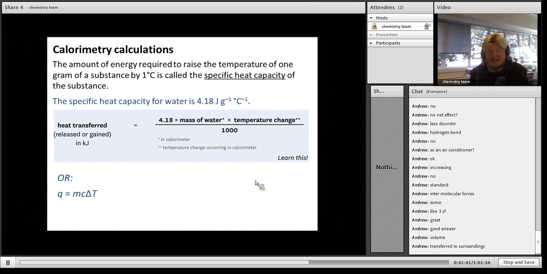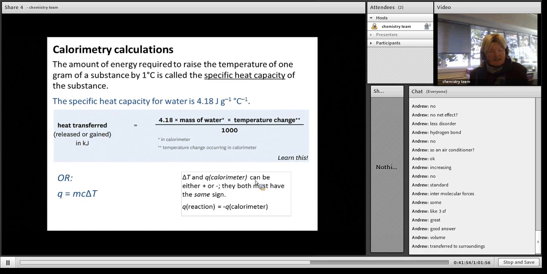Now remember what I said, what's happening to the energy being transferred, in or out. If I'm getting a temperature rise in the water, it means that the delta T is positive, and therefore the calorimeter is increasing in energy. So temperature rise means more energy, the water is getting hotter.